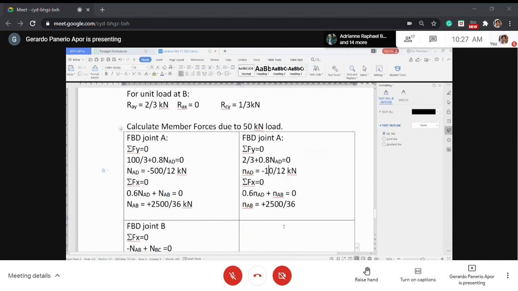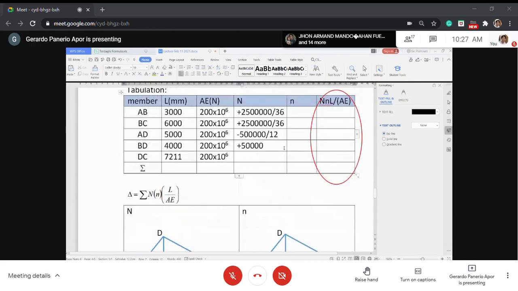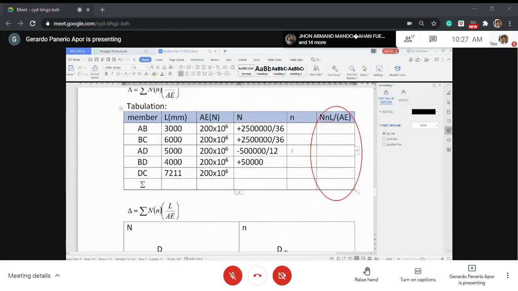So you have 10/3, then 3/5, so you have 10/5. So negative 10/12 here, ED. Negative 10/12.